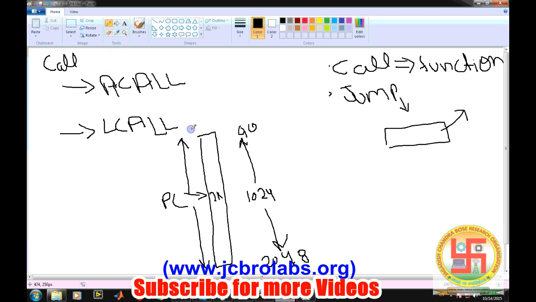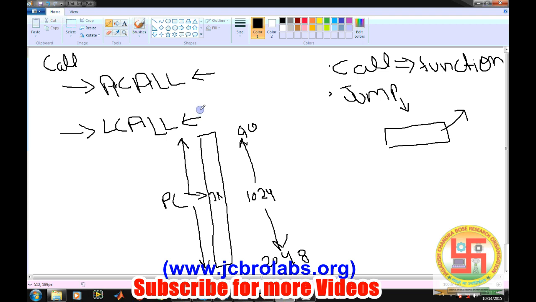While LCALL stands for long call, and our code memory is up to 64 kilobytes, by this LCALL we can transfer control to any location within the 64 kilobytes of memory. This is the difference between LCALL and ACALL. LCALL is a 3-byte instruction and ACALL is a 2-byte instruction.